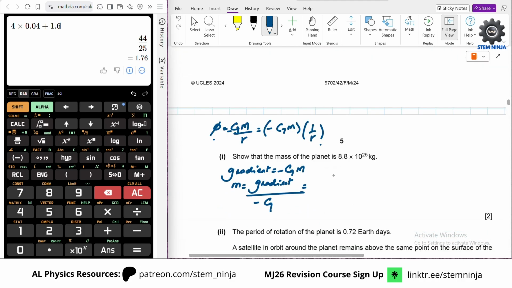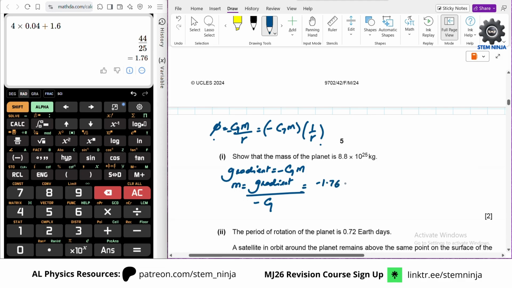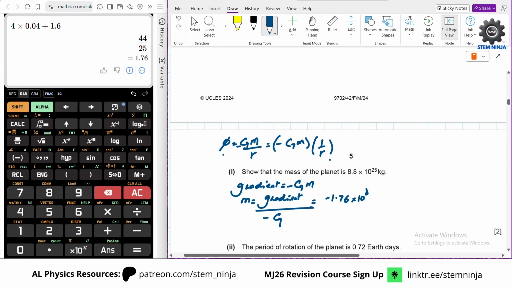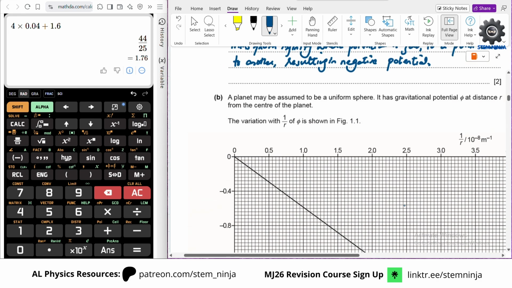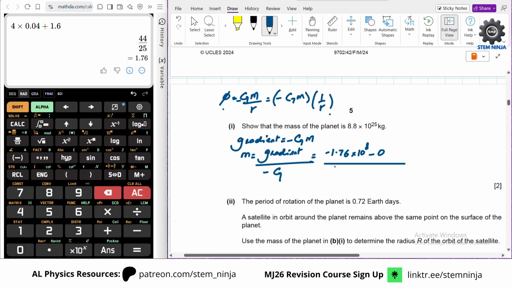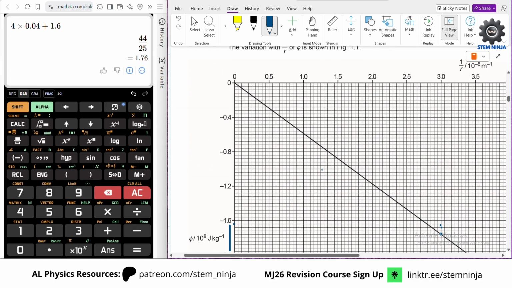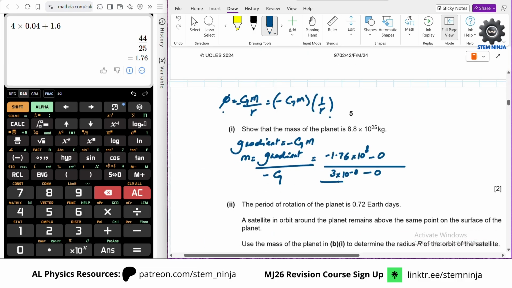So you have negative 1.76 times 10 raised to power 8, minus 0, then this is 3 times 10 raised to power minus 8, minus 0, divided by G, which is 6.67 times 10 raised to power minus 11.